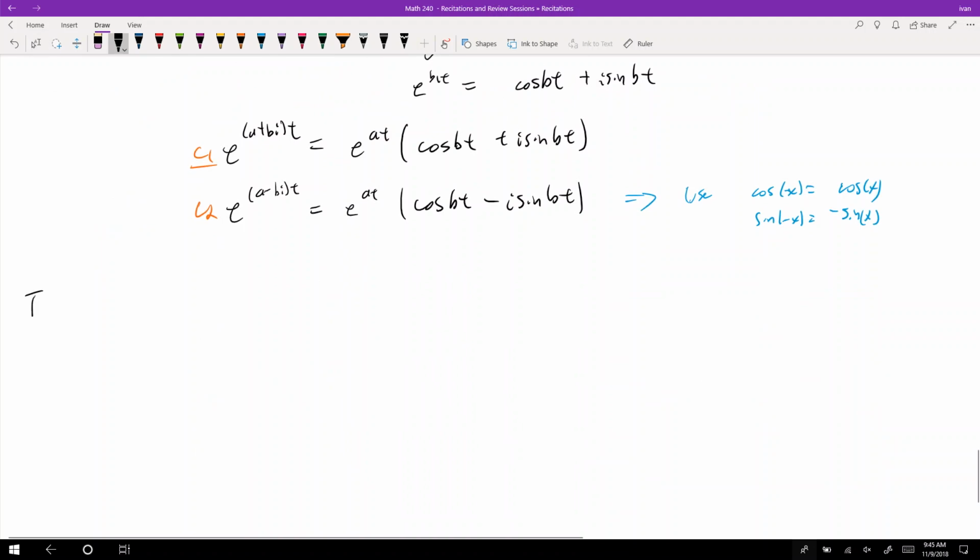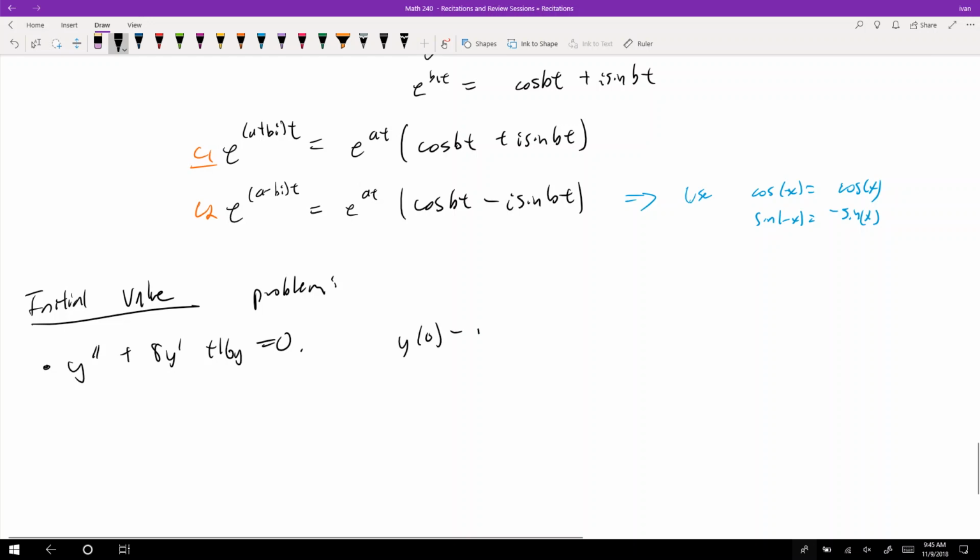This is an initial value problem. Here's the following. You're given y double prime plus xy prime plus 16y is equal to 0. But you're also given that y of 0 is equal to 2 and y prime at 0 is equal to 7.